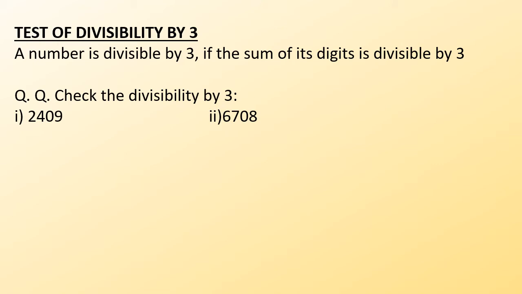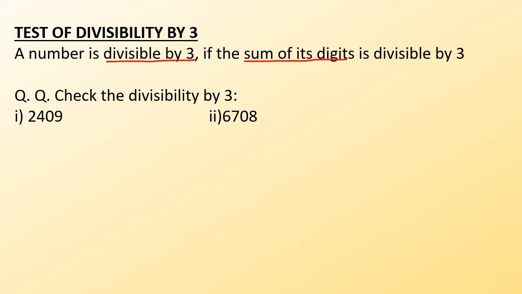To check if a number is divisible by 3, we have to find the sum of its digits, and if that sum is divisible by 3, then you can say that the number is also divisible by 3. Let's check the divisibility by 3 in the given numbers. First number is 2409.